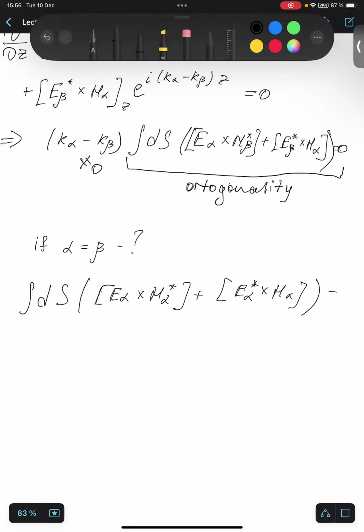What do we obtain? This is nothing else than two real parts of such relation, E alpha H alpha.